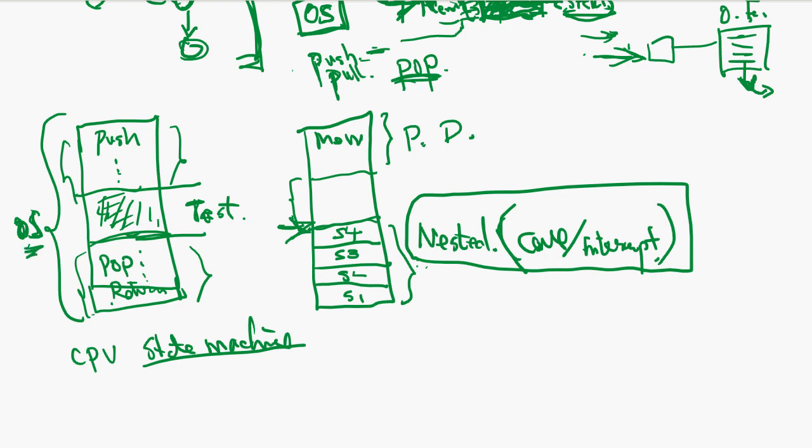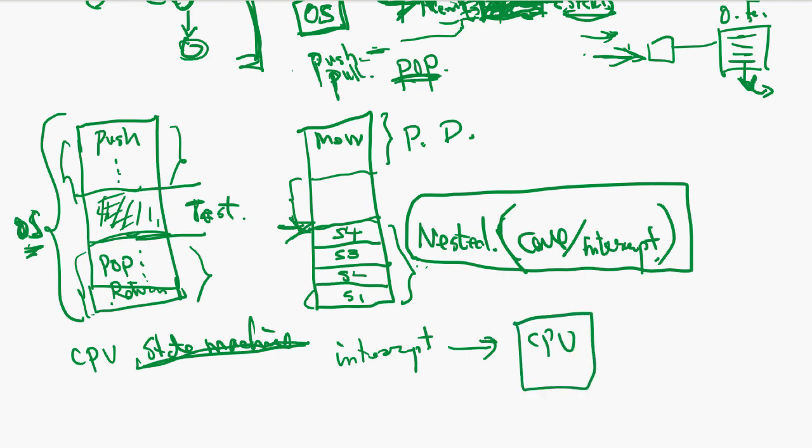it gets very complicated. So some CPU architectures provide a state machine that does all of this preparation and creates the stack for you. So when an interrupt arrives at the CPU, let's assume it's a time critical operation.